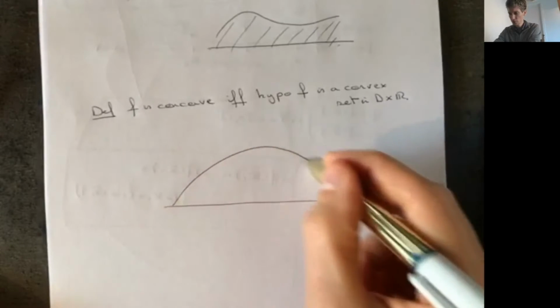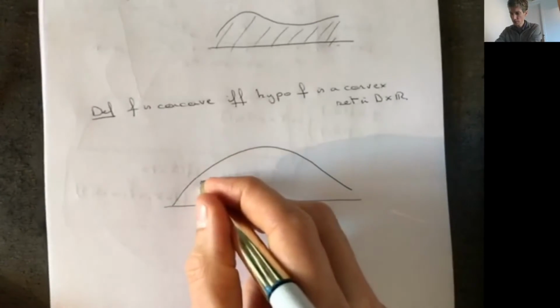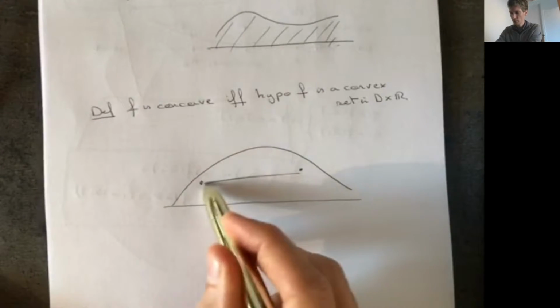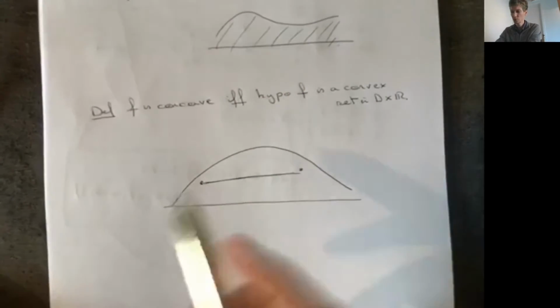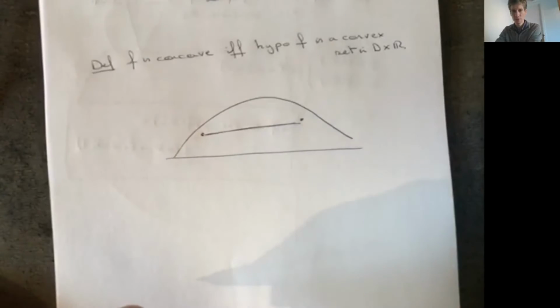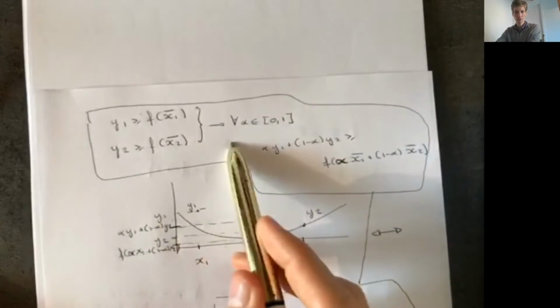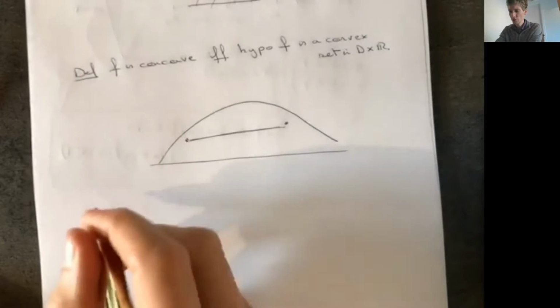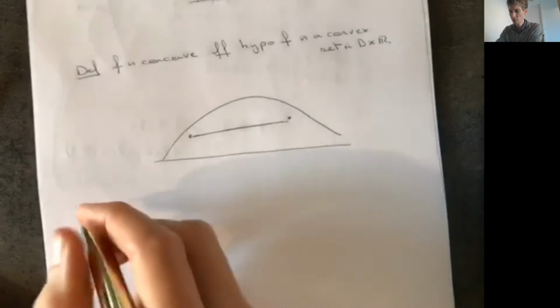So what does it look like? Concave functions look like this. If I take any 2 points in the hypograph, then everything on the line segment between these 2 points should also be below the function. And if I write this down as you did before for convexity, some things change, in particular the inequalities.